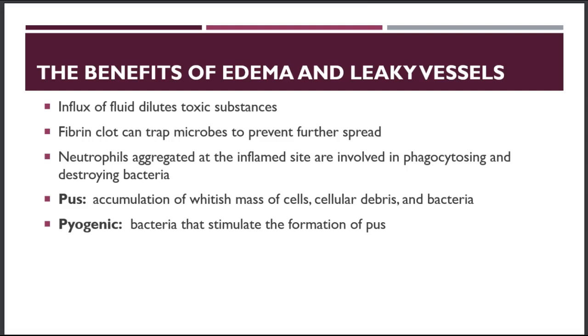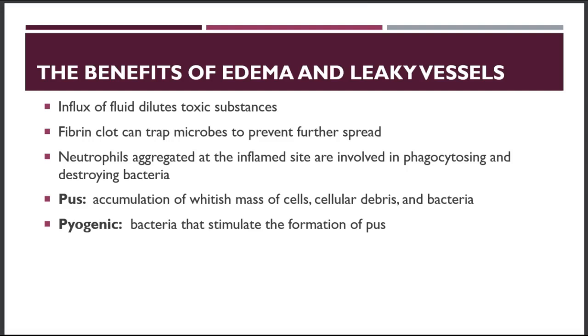So there are some benefits to these symptoms that we experience during inflammation. During edema, there is an influx of fluid, and that fluid influx helps to dilute any toxic substances that may be released or produced by those microorganisms.